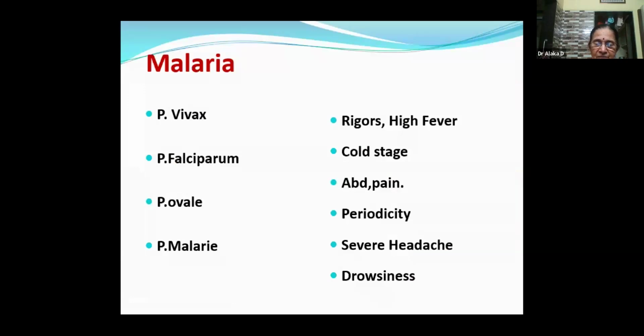But that doesn't prevent him from getting a second attack from another dengue virus. When another dengue virus attacks him, it is more severe, and he can go into dengue hemorrhagic shock. So please ask the patient about previous history of dengue.